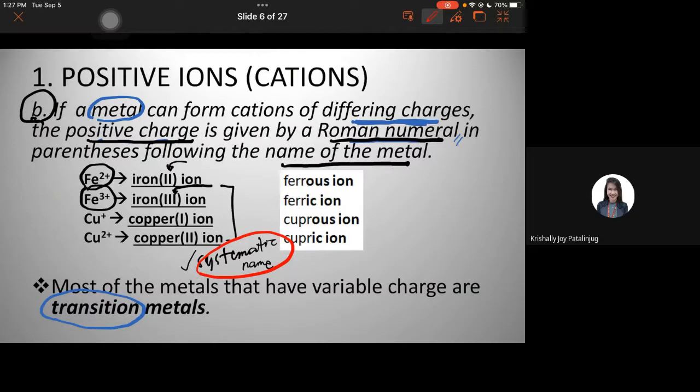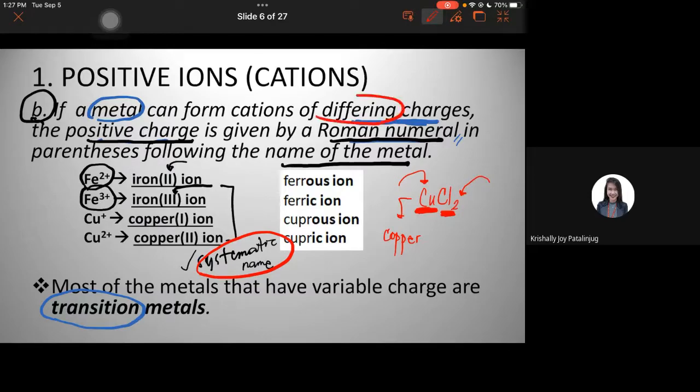For example, you are asked to name this compound, so you have a copper and a chloride. For this cation, that is obviously copper, di ba? Cu is the elemental symbol of the metal copper. But what type of copper is that?